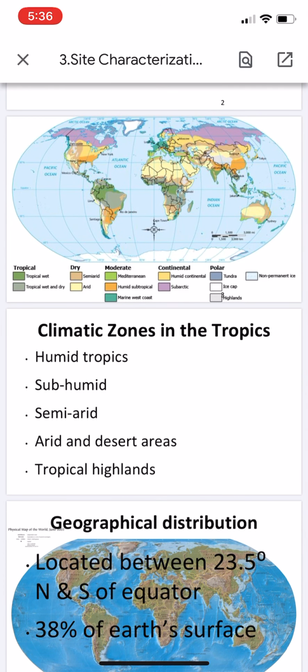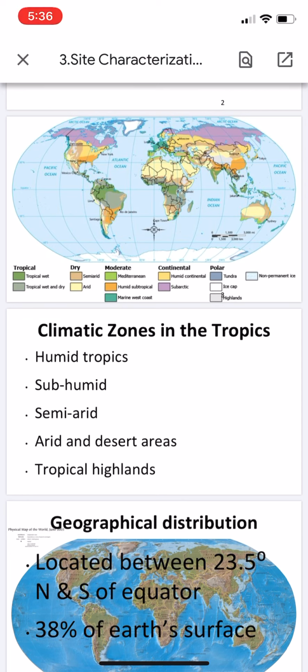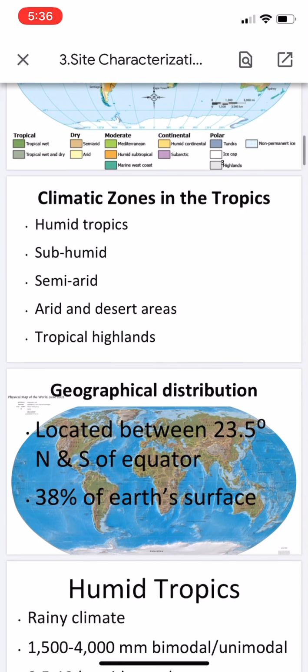So you will know that most of the plants thrive best in the tropical highlands because under the equator are the tropical areas wherein the amount of sunshine is substantial enough for the growth of plants.